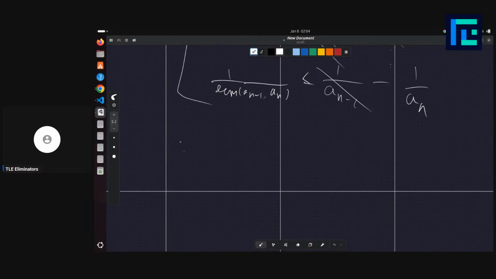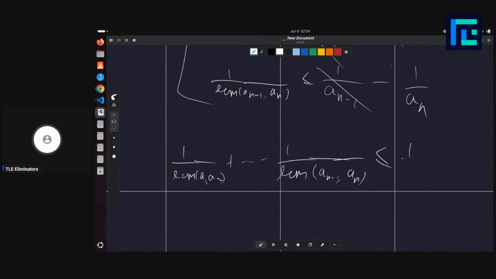Because in the last term we don't have that x is less than y. So I'll write 1 upon LCM of a1 a2 up to 1 upon LCM of an minus 1 comma an, this quantity is less than or equal to 1 upon a1 minus 1 upon an.